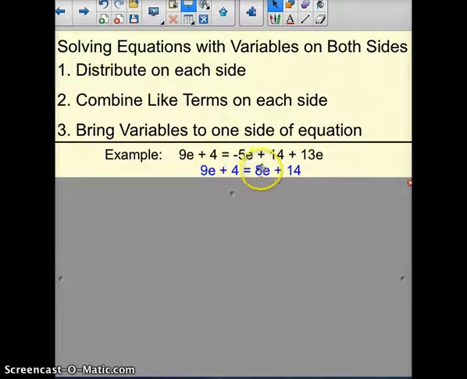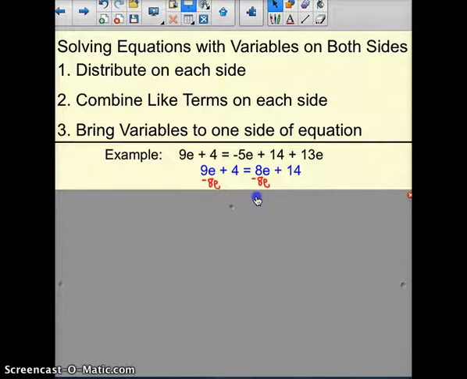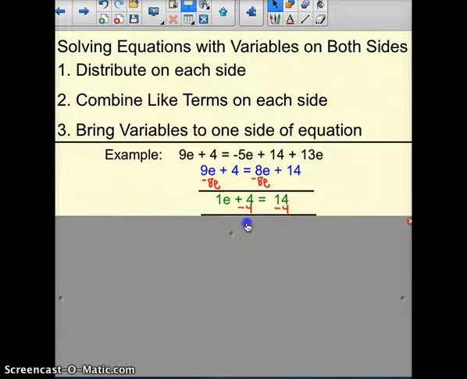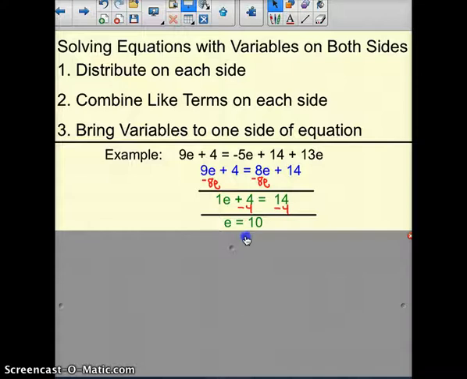So in order to move positive 8e and keep things balanced, I'm going to subtract 8e on both sides. Well, 9e minus 8e gives me 1e. Then I have plus 4 left equals 14. Now, just solving a two-step equation, subtract 4 on both sides, and I get 1e, or just e, equals 10.